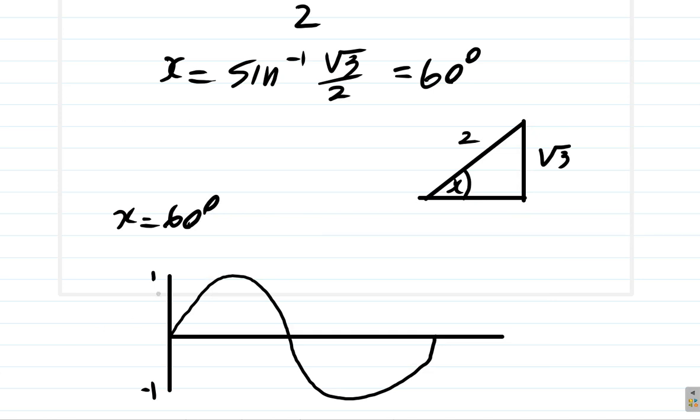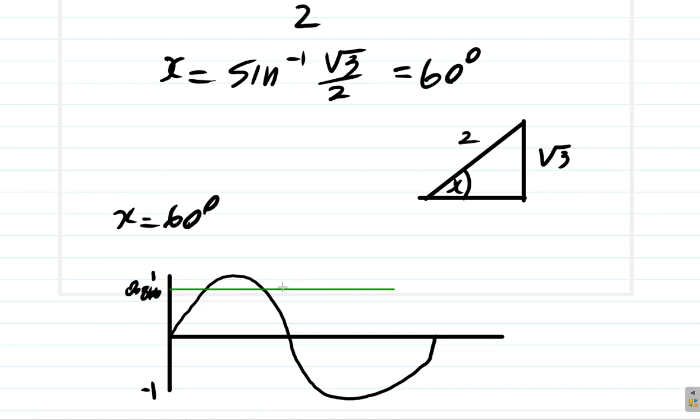So call it a little about here, 0.866. And I'm going to draw a line across. I want a straight line.